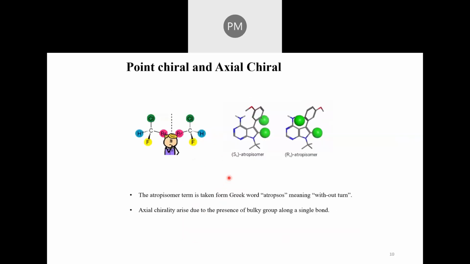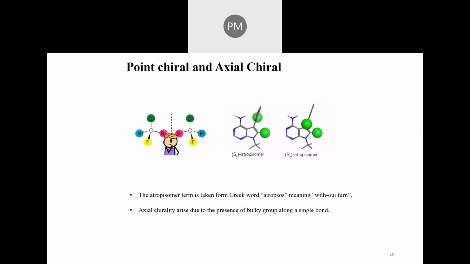If you show this molecule with carbon, hydrogen, fluorine, chlorine, bromine, and in that carbon chlorine, bromine, hydrogen, fluorine, all four substituents are not in the same plane. These two molecules look similar. But when we place one molecule onto the other, what will happen?